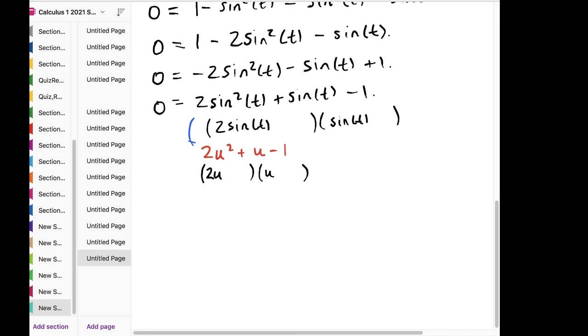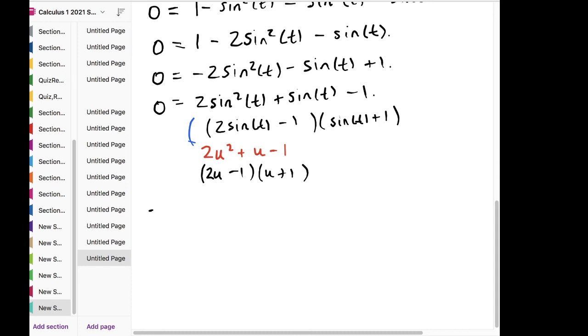So if you don't like the sine, go to the u. Second one gets the plus, yes. Yeah, because when you expand that out, you get a 2u and a minus u. Okay, so what does that mean?